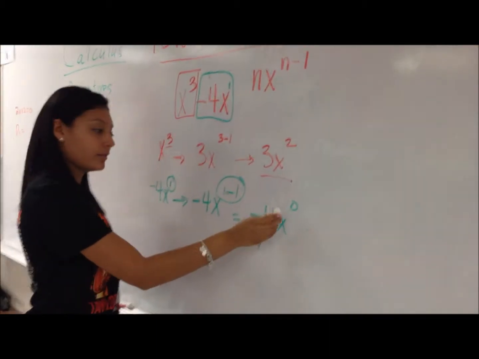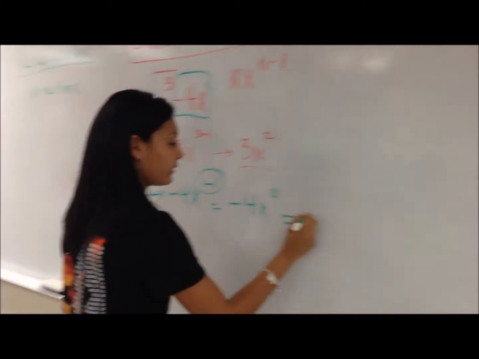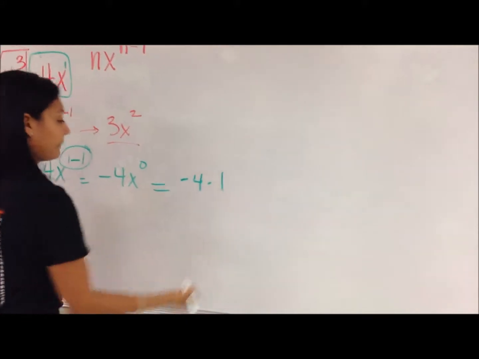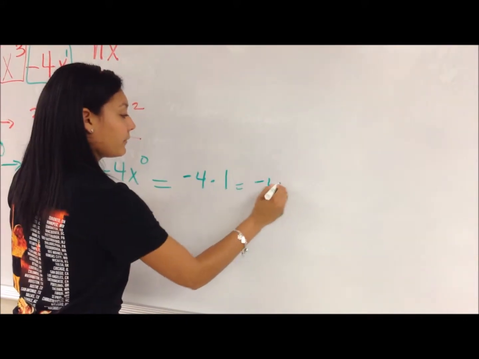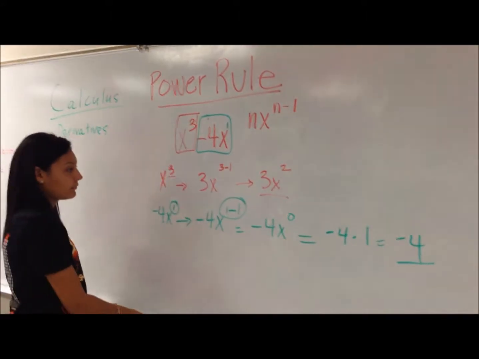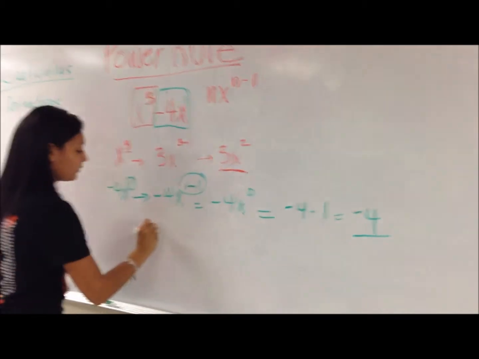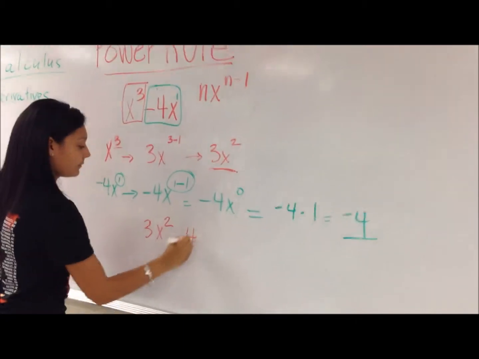And anything to the 0 power is 1. We just simplify that, and that's going to be negative 4. So we put all this together, and it's 3x squared minus 4. And we're done.